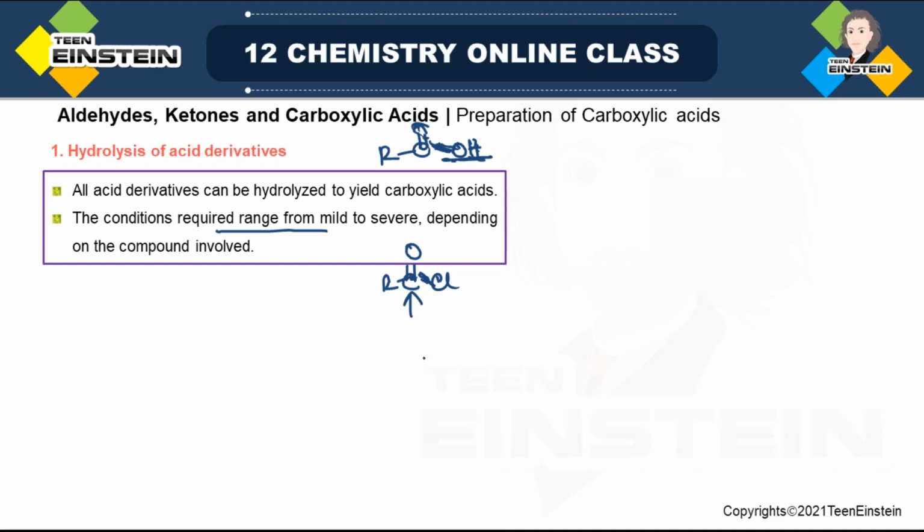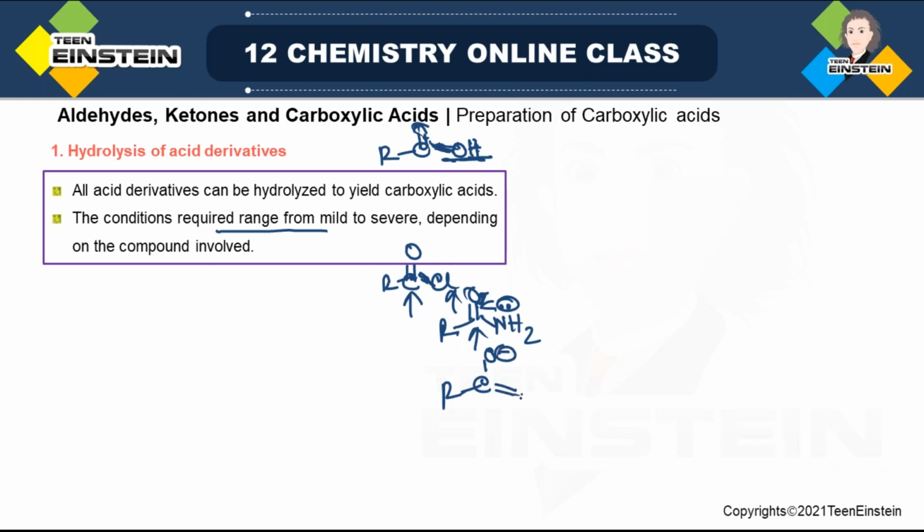And you don't have to use very severe, harsh conditions. But suppose you have taken an acid derivative which is not so reactive, for example RCONH2, the amide derivative. In this case, this carbon is not very electrophilic, and the reason is this type of resonance. After resonance, the double bond character of C=O is reduced.